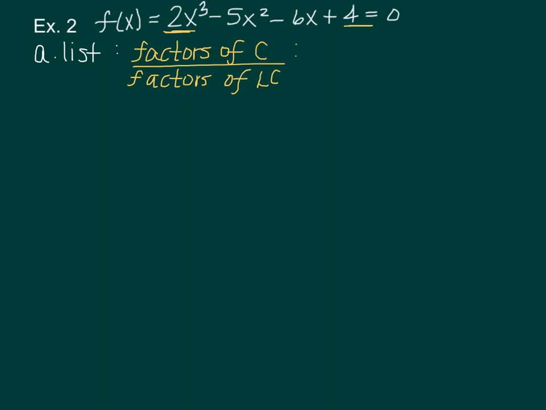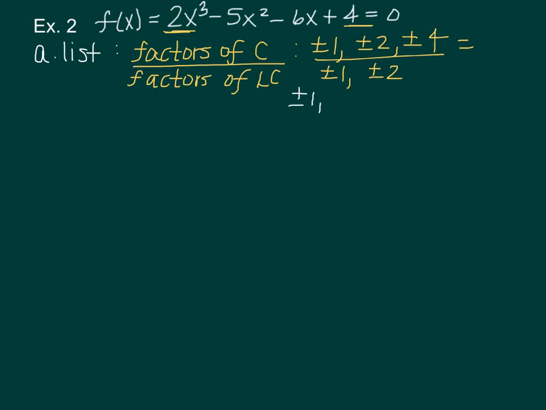So 4 is my constant, so plus or minus 1, plus or minus 2, plus or minus 4. Divided by 2, factors of 2, plus or minus 1, plus or minus 2. All right, so to make your list, remember you're going to divide, first you're going to divide everything by 1, and then everything by 2.